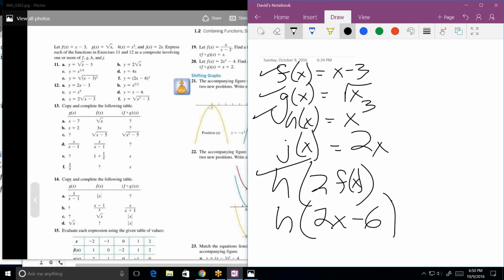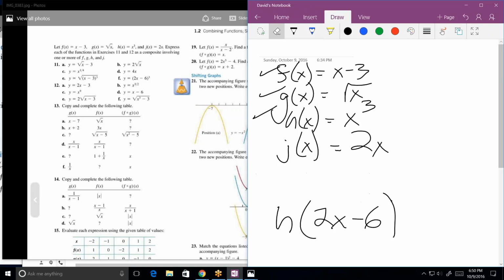Let's see. Express each as a composite involving one or more of those functions. Can I use a constant? That's the question. Let me think as to whether there's another way to do this. Using 3 functions, perhaps. I don't want to waste all of our time trying to figure out these super hard ones like this.